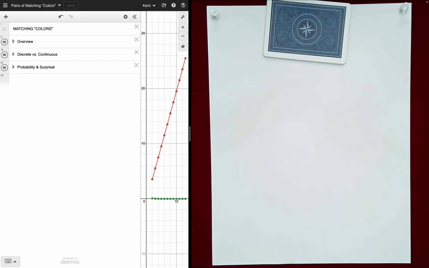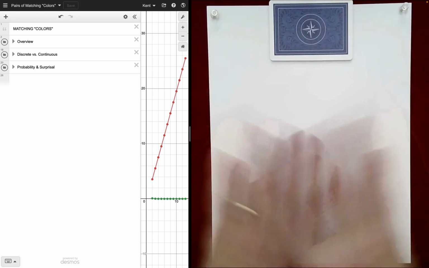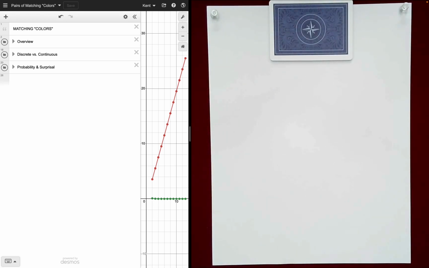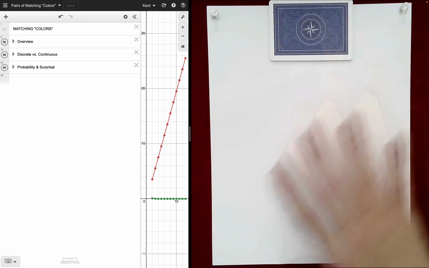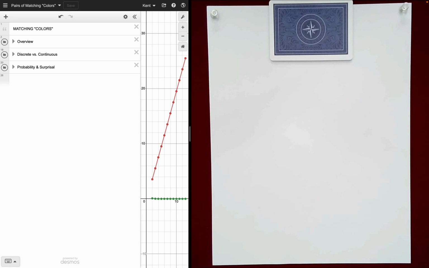Well, to figure that out, we have to first calculate the probability of doing what we did, finishing in the way that we did. What's the chance that that would happen just randomly? So that's what we're looking at today: calculating the surprisal for any such performance where you have an equal number of red cards and black cards.